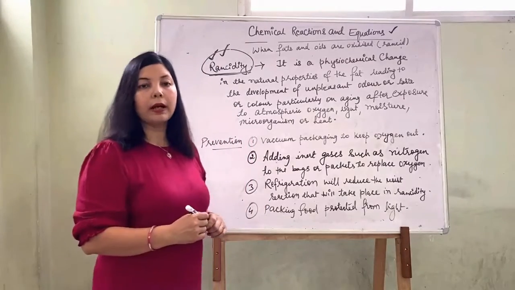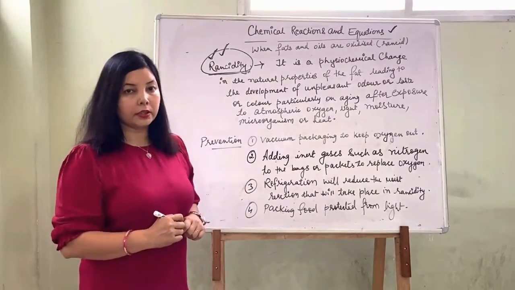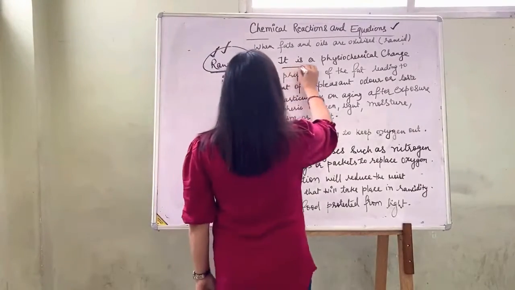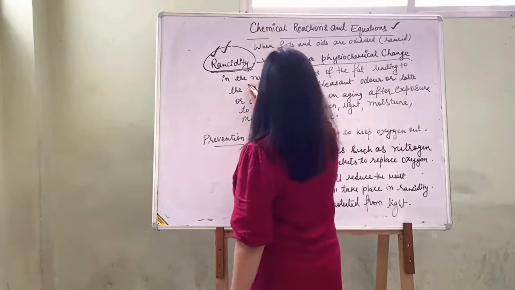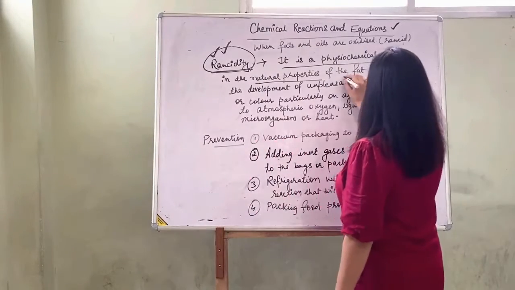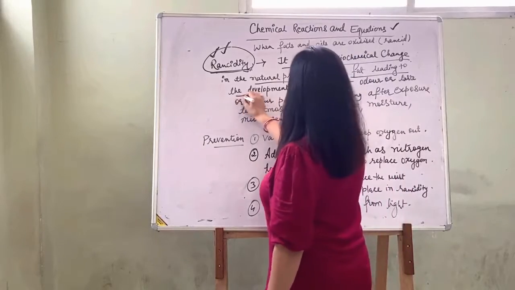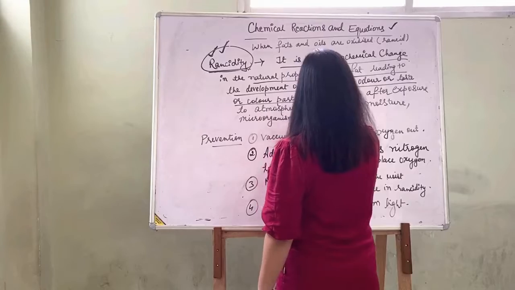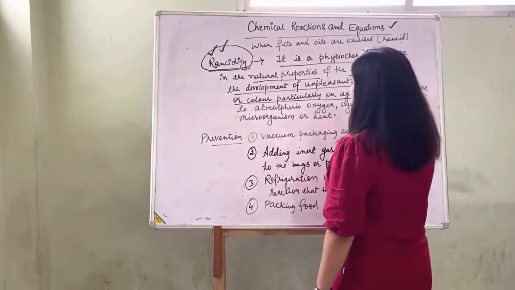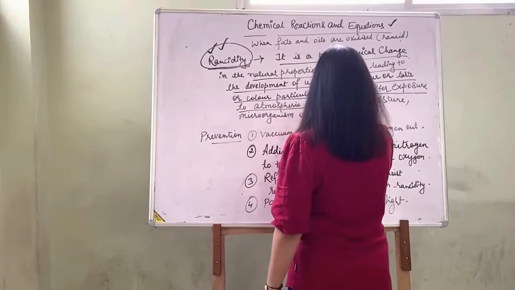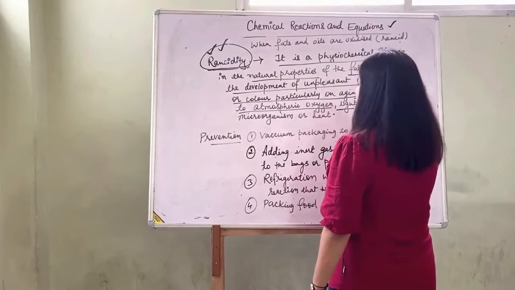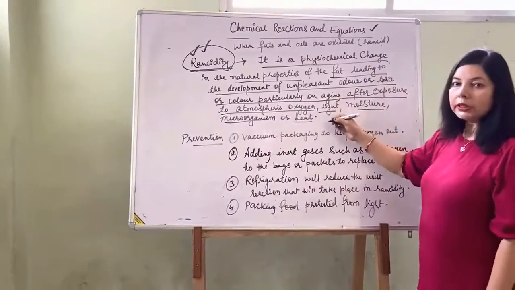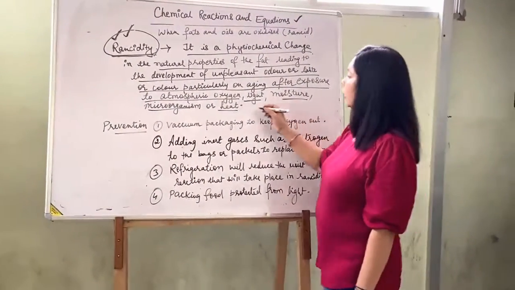So I'll discuss the definition of rancidity in detail. So what actually is rancidity? It is a physiochemical process in which the natural properties of the fat change, leading to the development of unpleasant odor or taste or color, particularly on aging, after being exposed to atmospheric oxygen, light, moisture, microorganisms and heat. So what are the factors that lead to rancidity?